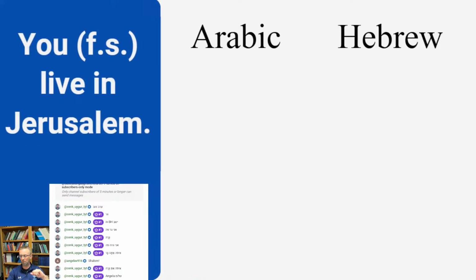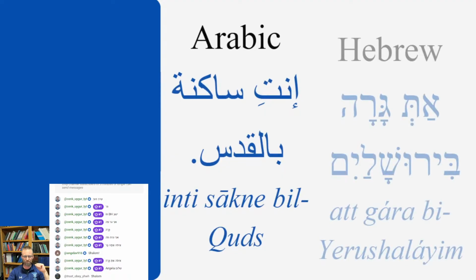So now how would we say in the feminine singular, you live in Jerusalem? So basically we take those sentences that we just did. All right, trust and obey, shalom, shalom, baruch haba. Okay. And you live in Jerusalem, feminine singular.